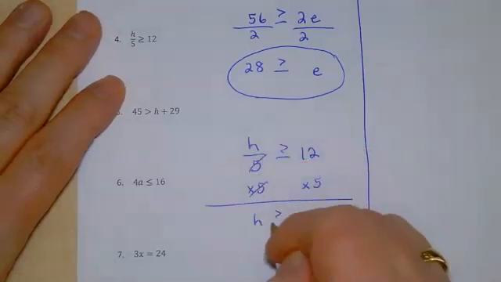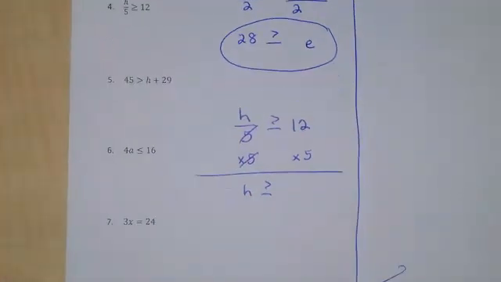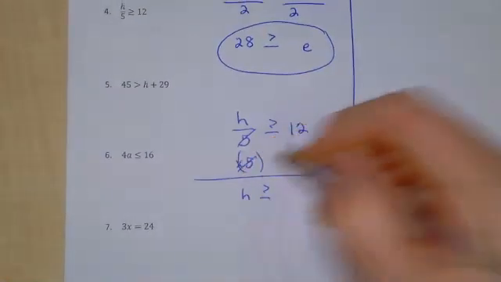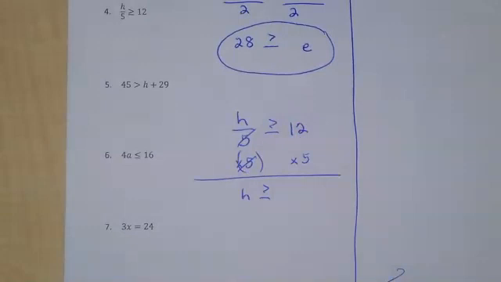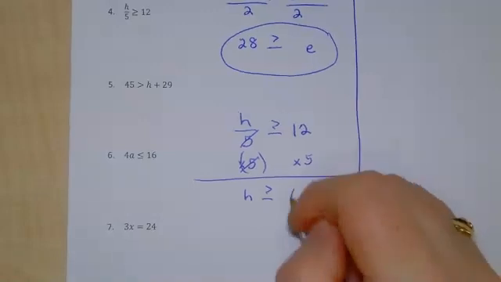You could do this instead if that makes it better. Get your calculators running, guys. We'll let Blake get this one. What'd you get? 60. Yep, exactly right, 60.